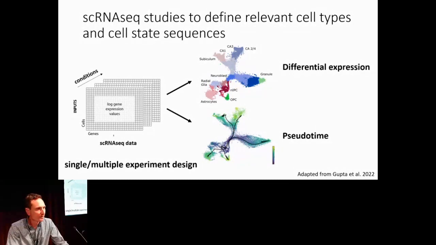And then with the experiments becoming cheaper but still sufficiently expensive, studies started to perform multiple single-cell RNA sequencing experiments, possibly across multiple conditions, in order to then define cell types and cell states using differential expression analyses, and then also carrying on to do pseudotime.